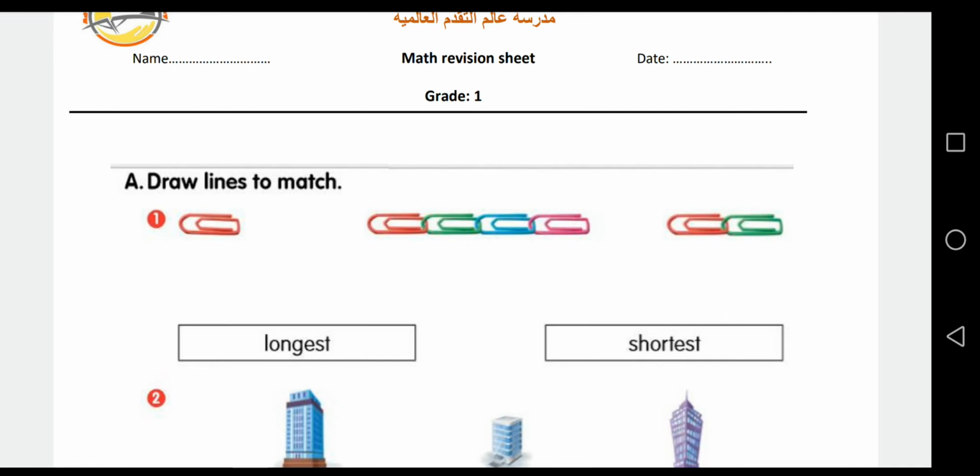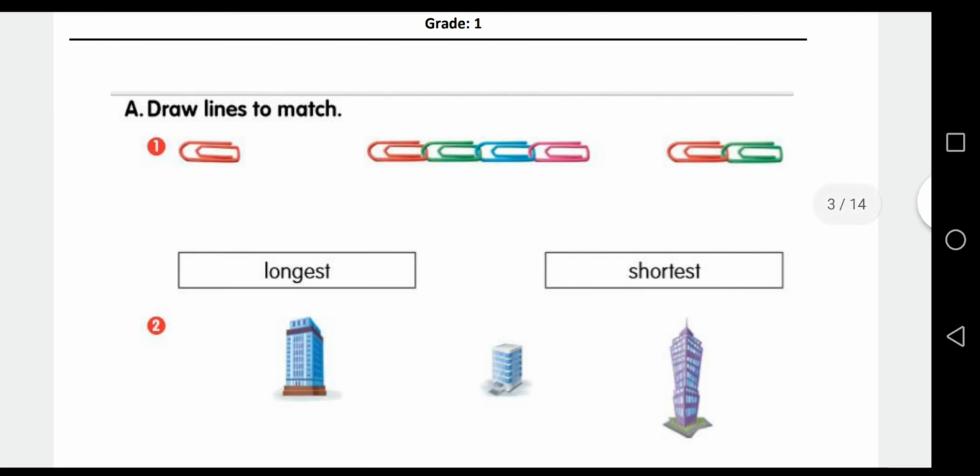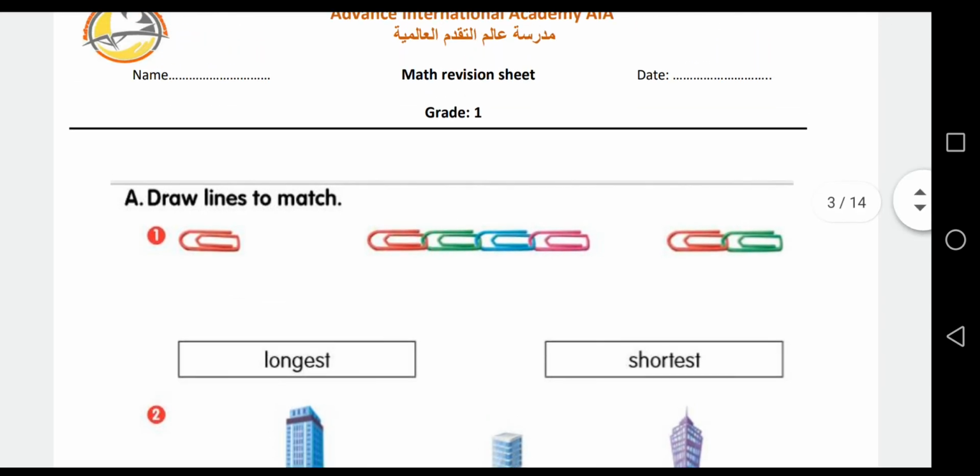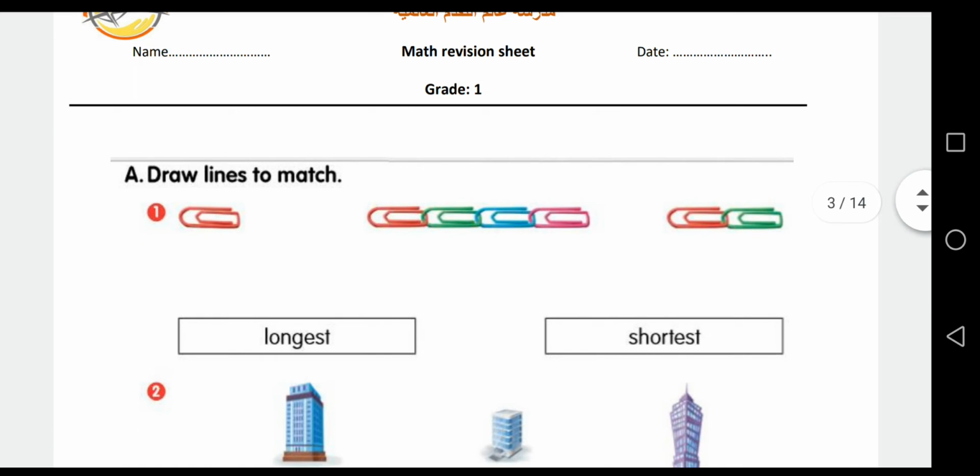And number 3 I have 1, 2. So I have 2 paper clips. So I have longest. Should I match the word longest with the first paper clip, or the 4 paper clips, or the 2 paper clips? What do you think?